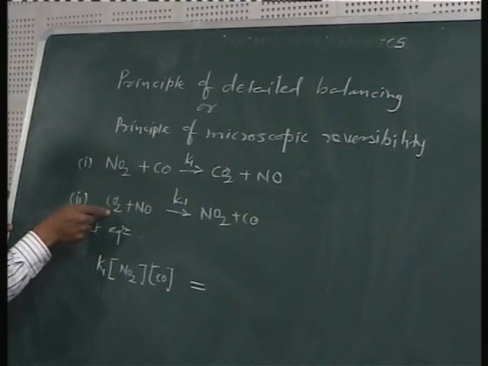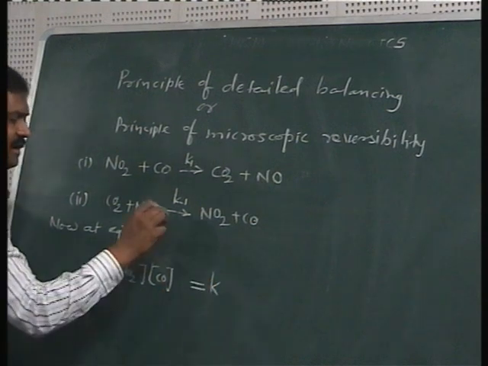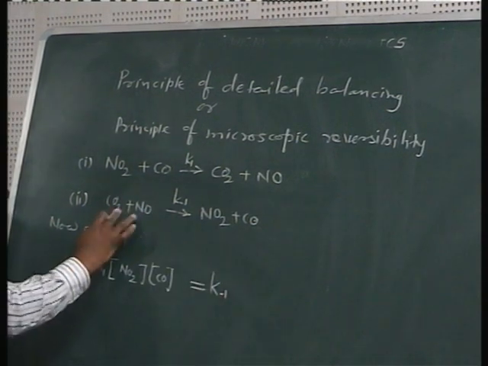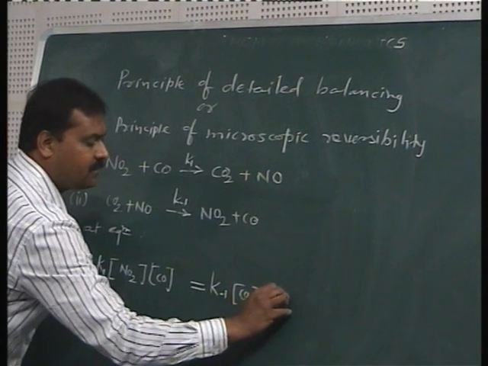So the rate of this reaction is again R equals K minus 1 into the concentration of CO2 into NO.